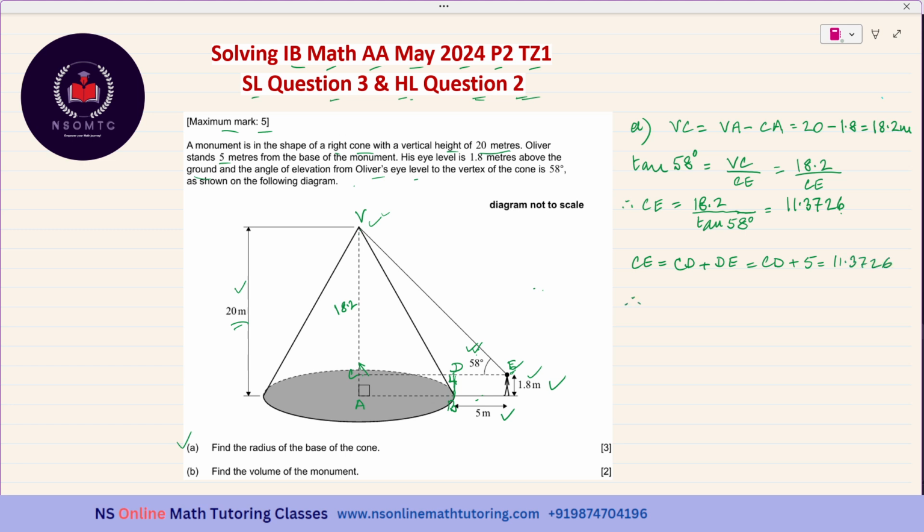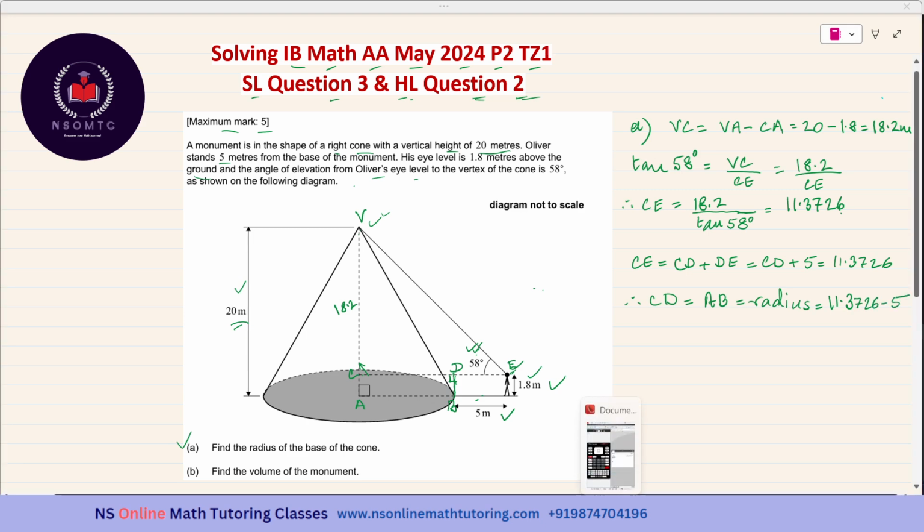Therefore, CD, which is equal to AB, which is obviously the radius of the cone, is equal to 11.3726 minus 5.